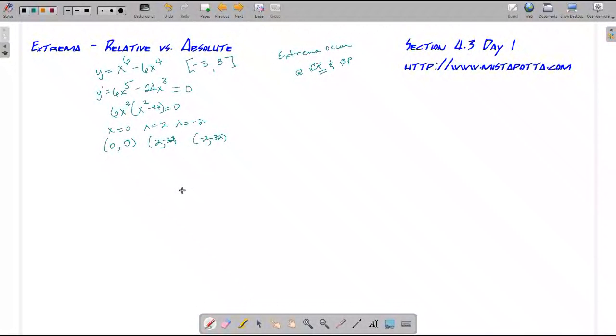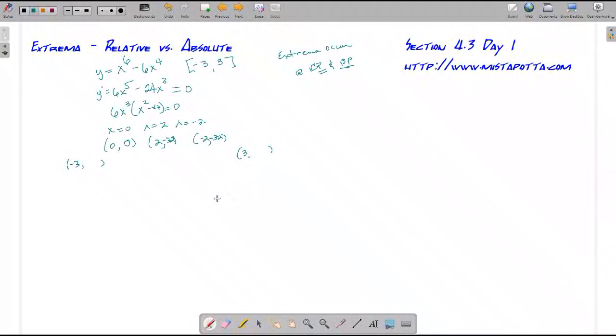But I also have boundary points that I need to consider. And so I need to take a look at the restrictions my domain has been set up with. So I have a boundary point at negative 3, and I have a boundary point at positive 3.